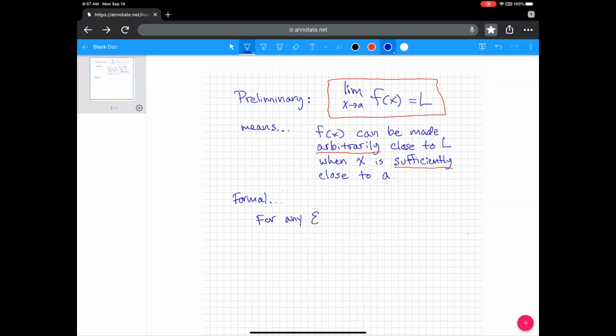for any epsilon greater than 0, and this is a number that we expect to be a very small number because it's saying how close to L f of x needs to get, but it's arbitrary, so it could be true for any number no matter how small, 1 billionth, 1 trillionth.